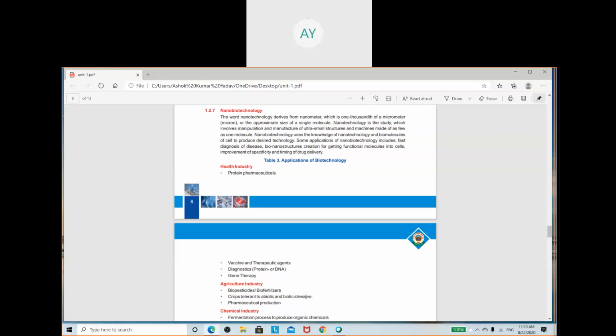How? BT is the name of a gene, and the BT gene encodes the BT crystal protein. If the BT gene is present in a plant like cotton or brinjal, it will encode the BT crystal protein. This BT crystal protein is generally in soluble form in the plant liquid.